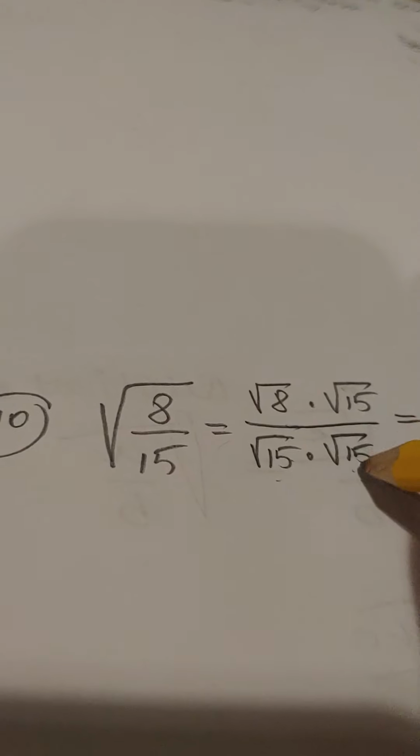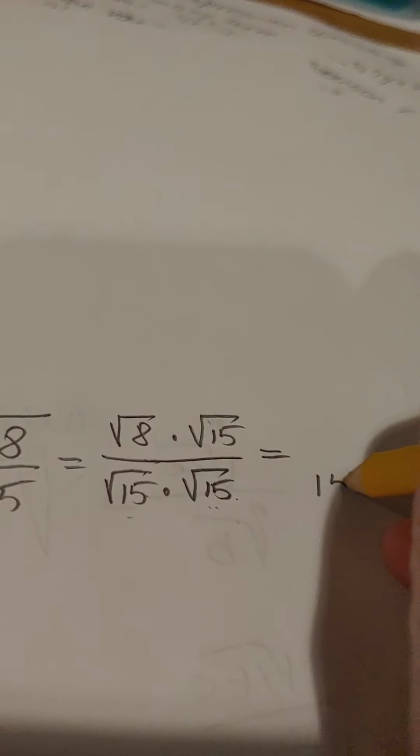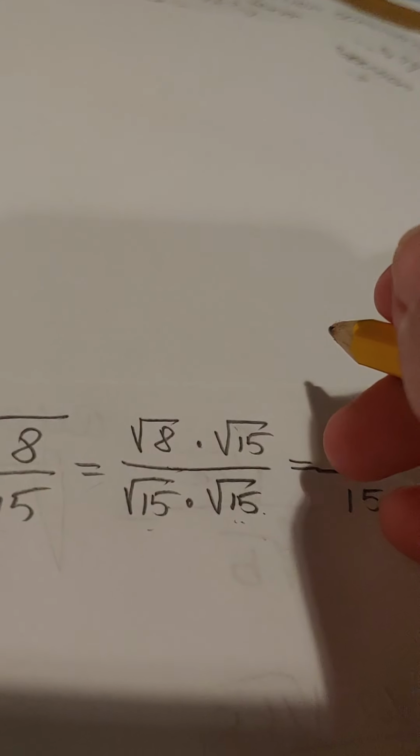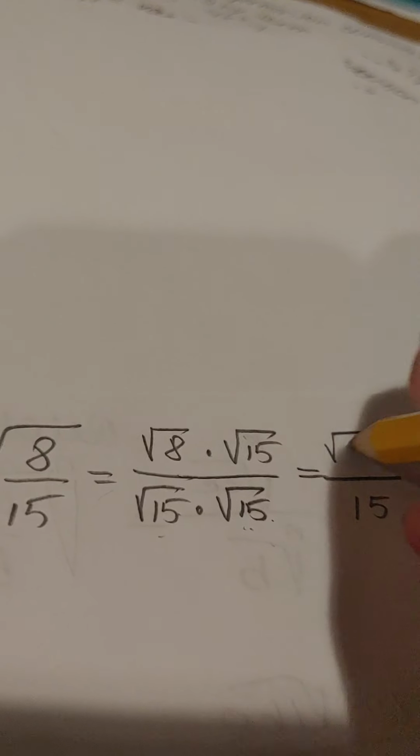So, square root of 15 times square root of 15 is 15. Square root of 8 times square root of 15 is going to give me square root of 120.